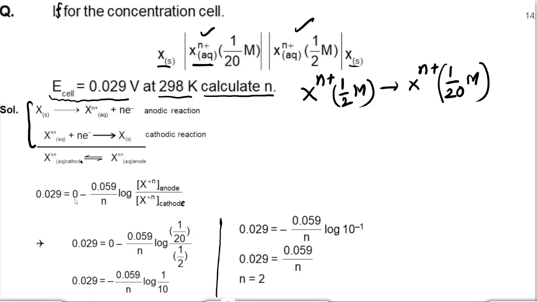So E cell equals E0 cell, which is 0, because it is a concentration cell, minus 0.059 upon n log of concentration of the ion at anode divided by concentration of ion at cathode. You know, this is the concentration at anode and this is the concentration at cathode. So it is 1 by 20 upon 1 by 2, 1 by 10. So value comes out to be 2.